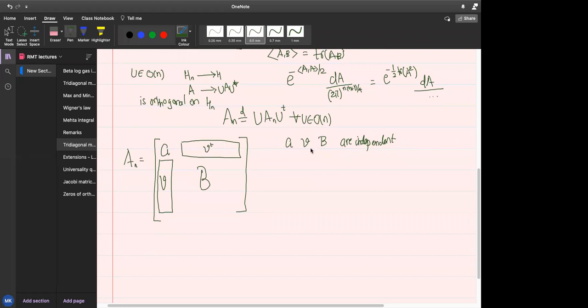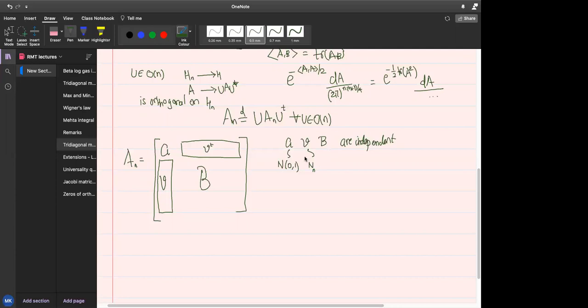Now, what are the distributions? A is just a normal, e to the minus A_1 squared, I guess it's normal 0, 1 maybe. And what is V? V is a standard Gaussian vector in, oh no, it is actually not a standard Gaussian vector.